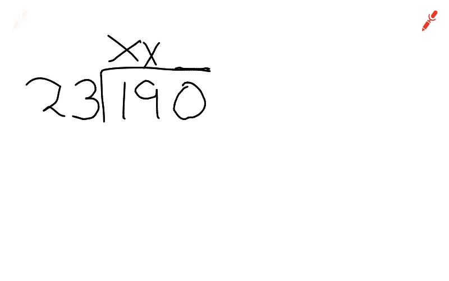We're going to cover up our last digit in our divisor, so we're covering up our 3. We're going to cover up our last digit of 190, covering up our 0. We're saying, how many times does 2 go into 19? Well, we know that 9 times 2 would be 18. So remember, we're estimating.